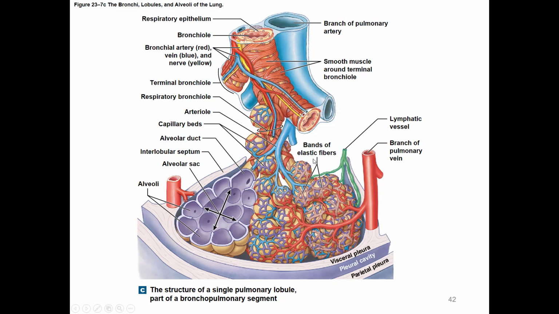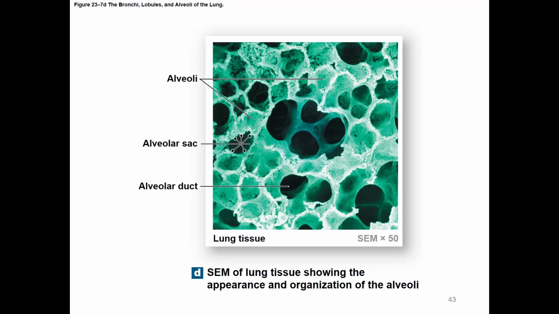We've also got some bands of elastic fibers, which give the alveoli resiliency and expansion and contraction ability. This is a microscopic view of lung tissue showing the organization of the alveolar sacs.